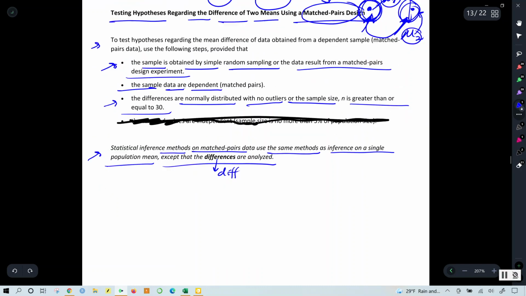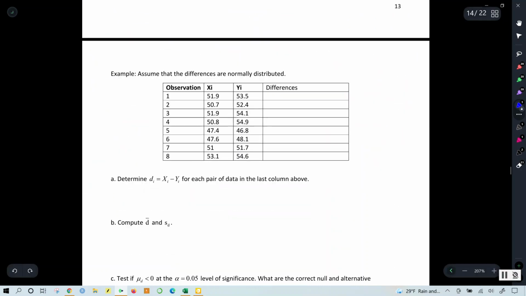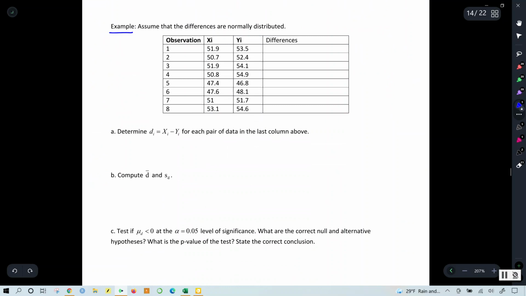All right, without any further ado, let's take an example. So in this example, we are to assume that the differences we're going to get are normally distributed. Question A, we are to determine the difference, which will be each of the xi's minus yi's for each pair of data in the last column above.